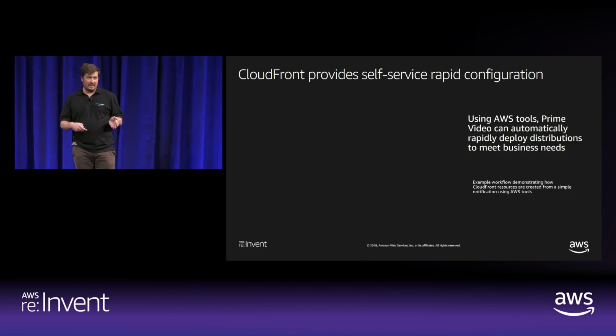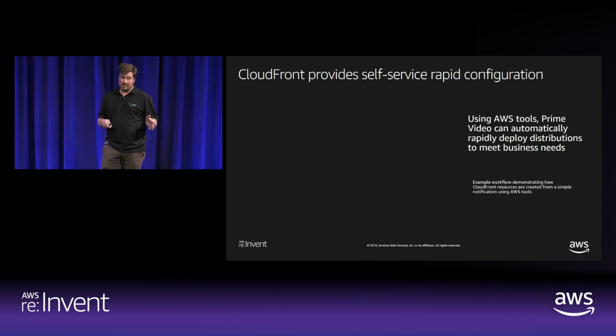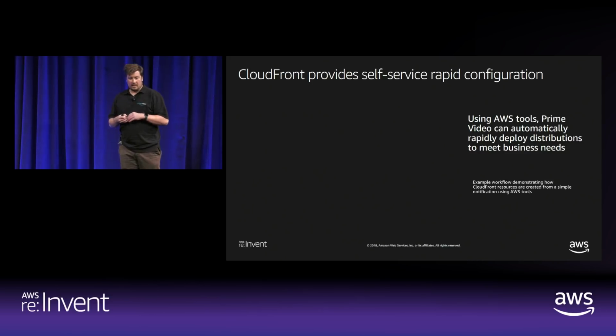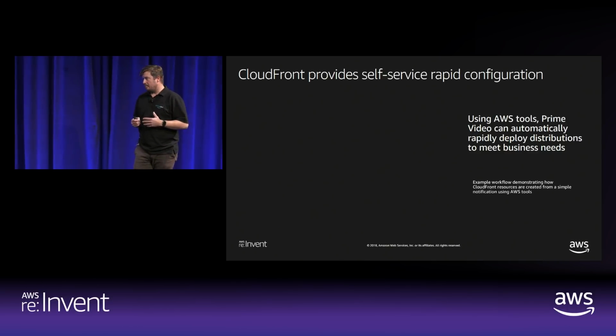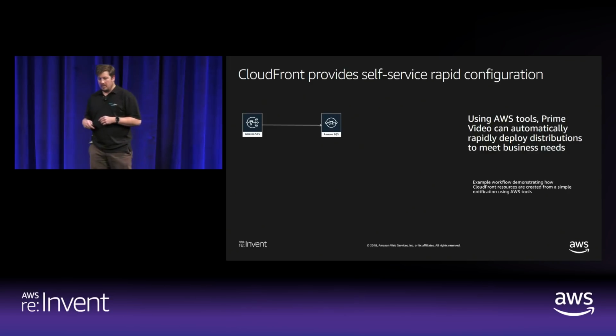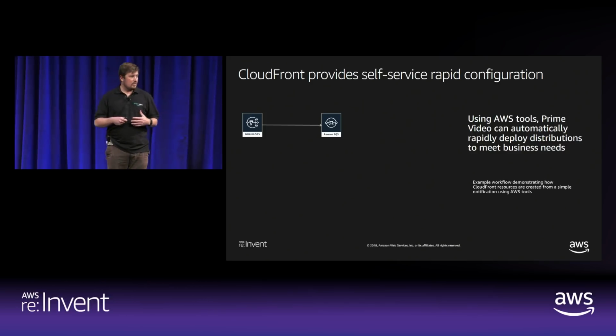I should also add that this is just one example, but we use everything that Chaitanya mentioned. Amazon CloudFront enables a lot of services to stand up and modify distributions. We use CloudFormation as well. We'll use the CLI sometimes. We also use Terraform.